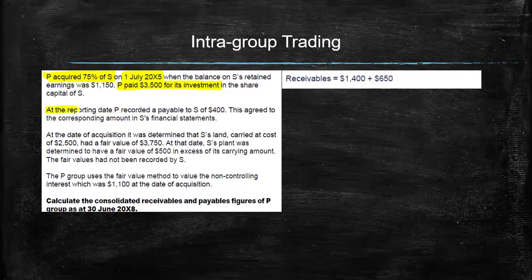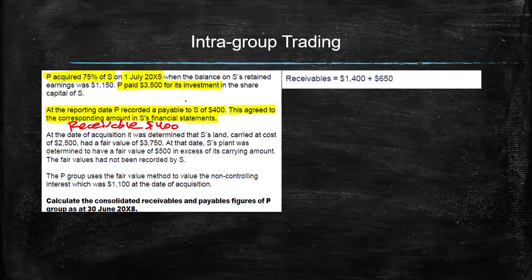At the reporting date, P recorded a payable to S of 400, right? So we have a payable recorded in P's account of 400 that is payable to S. And this agreed to the corresponding amount in S's financial statements as well, which means that in S's financial statements there is a receivable recorded of 400, right?